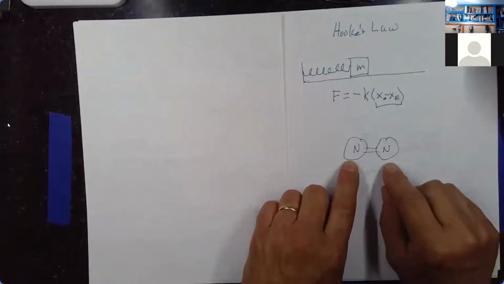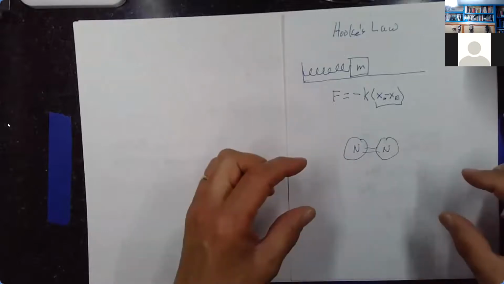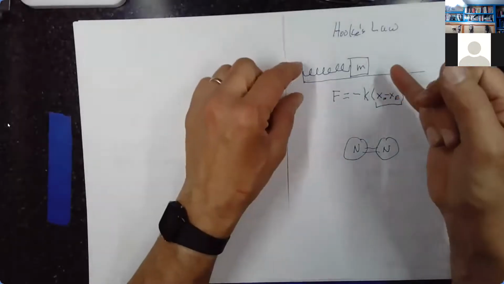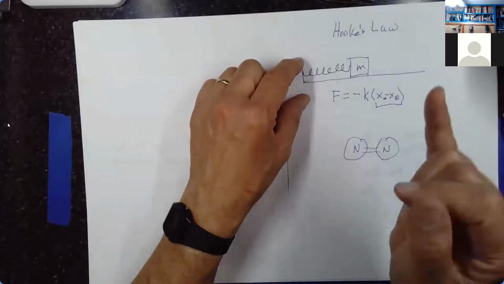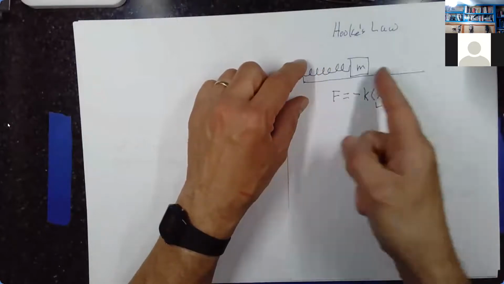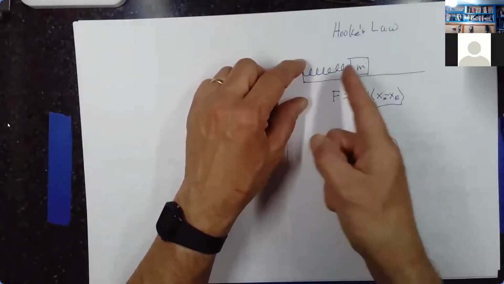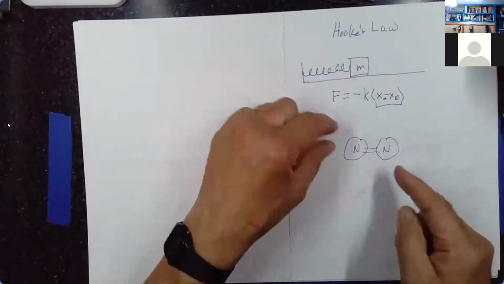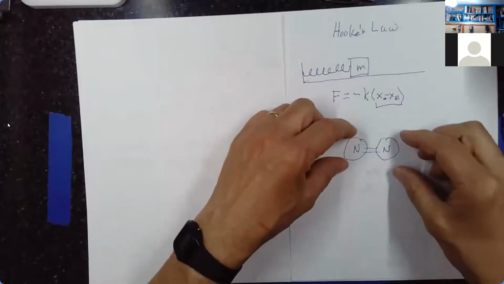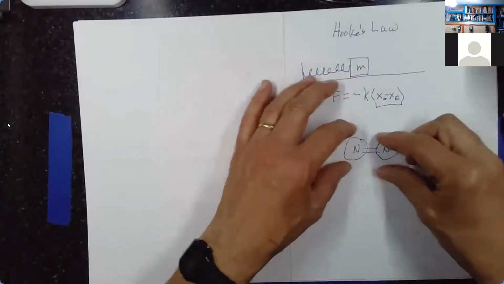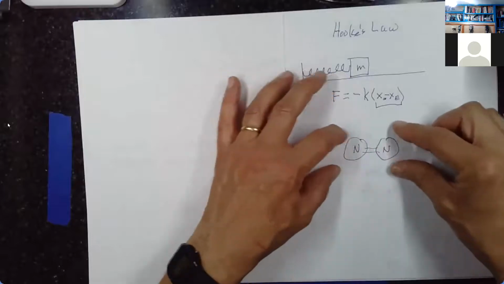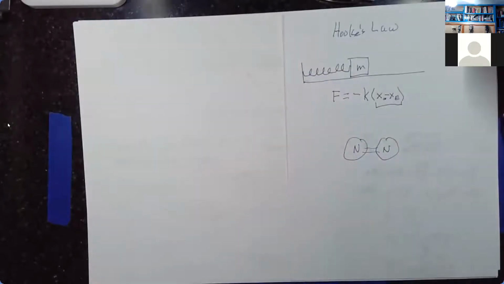Now, in this class, we're not going to study something that can happen as a result of this, which is an oscillation, where if you push this mass in and let go of it, the mass will end up bouncing back and forth through an equilibrium position. Same with the nitrogen molecule. You can get the two atoms in the nitrogen molecule moving back and forth.